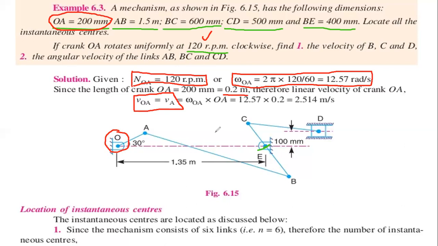Therefore, the linear velocity of the crank, VA, is the angular velocity of OA into the length of the OA link, that is the crank length. Substituting the values, the angular velocity of OA is 12.57, which we have already found, and the length of OA is 0.2 meters.